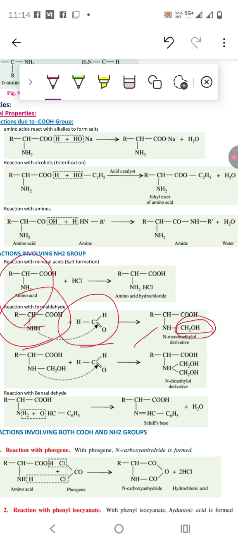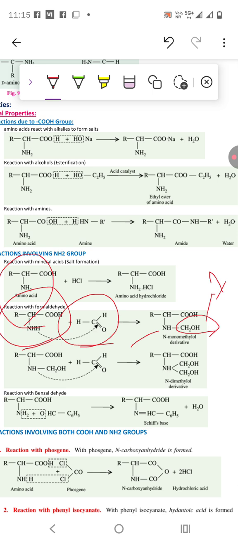N means nitrogen attached, mono means one methyl alcohol or one hydroxymethyl. So here, N-monomethylol derivative.